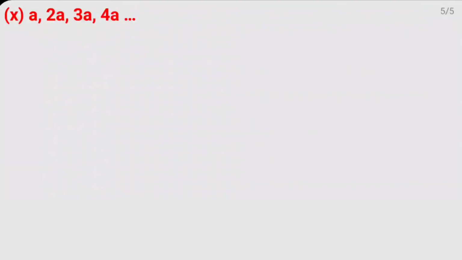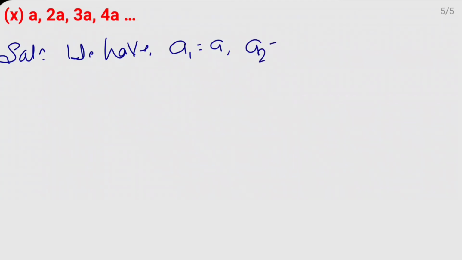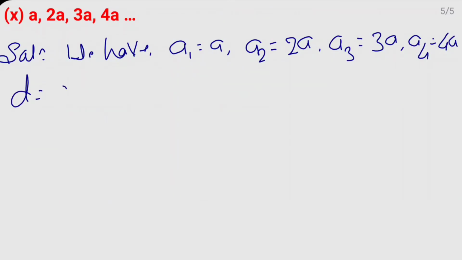A, 2A, 3A, 4A, and so on. So let me solve here. We have A1 is A, A2, the second term, is 2A, A3, the third term, is 3A, and A4, the fourth term, is 4A, and D equals A2 minus A1.